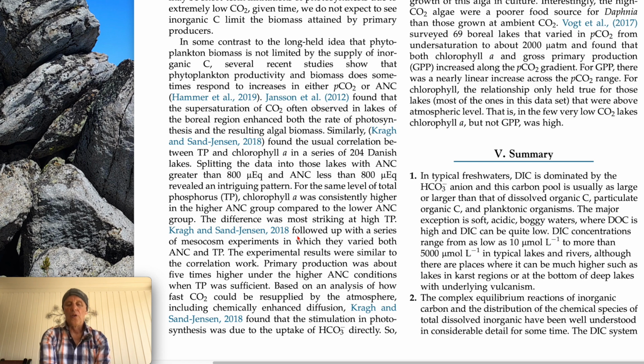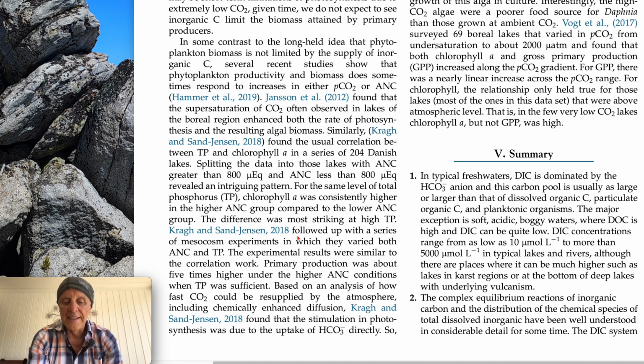Cragg followed up with a series of microcosm experiments in which they varied both ANC and TP. The experimental results were similar to the correlation work. Primary production was about 5 times higher under the higher ANC conditions when TP was sufficient.